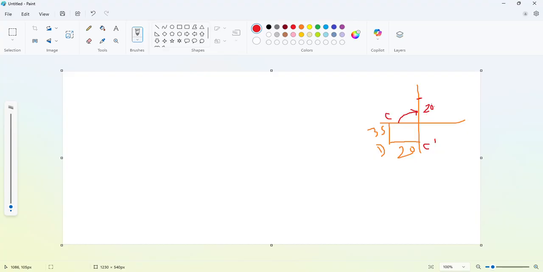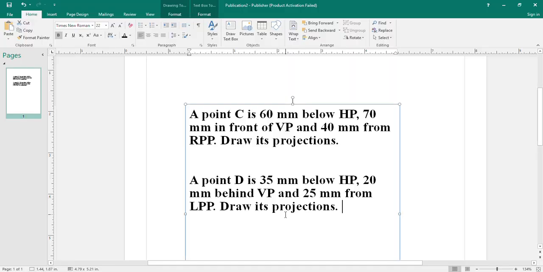So at a 20 mm distance from the reference line in the upward direction we will have our top view, and downward at a distance of 35 mm just below this reference line we have our front view.